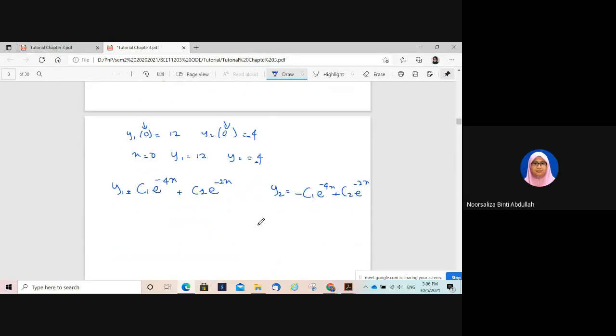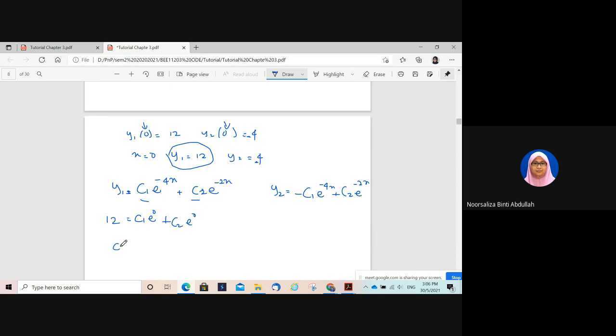Okay, so now we want to use the initial condition to find C1 and C2. So look at Y1. When x equals to 0, then we have Y1 equals to 12. So 12 equals to C1 exponent 0 plus C2 exponent 0.